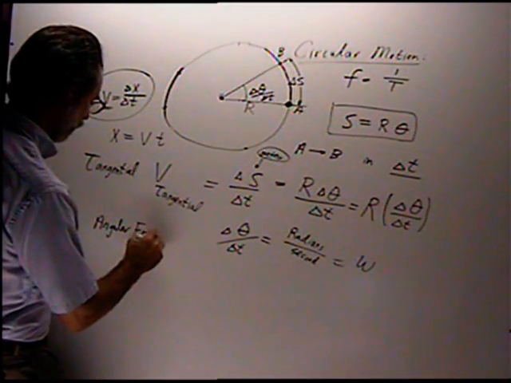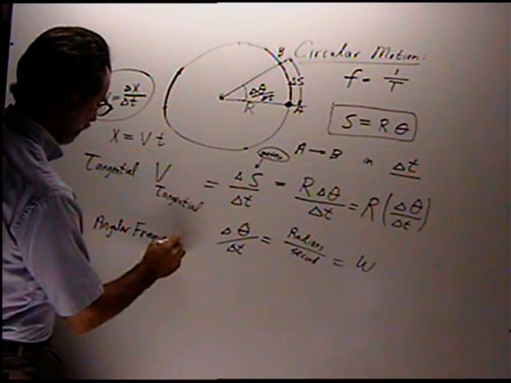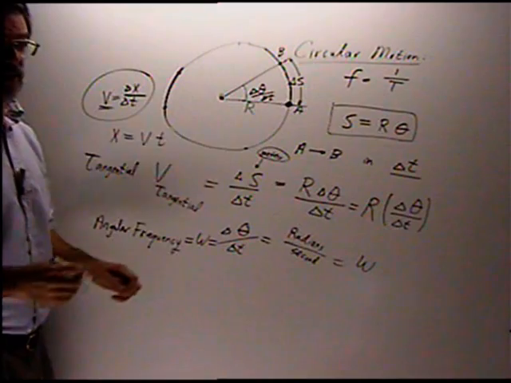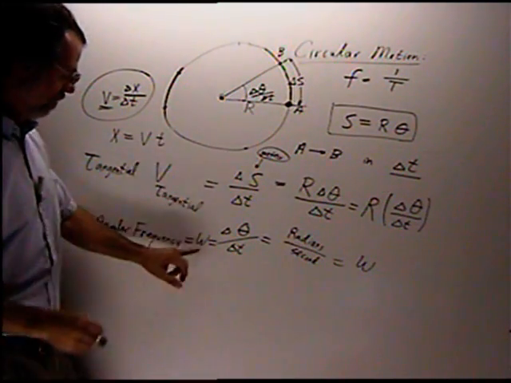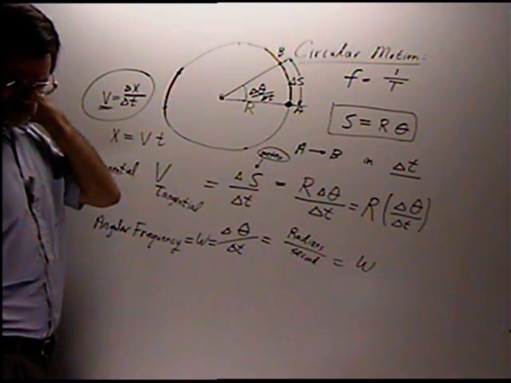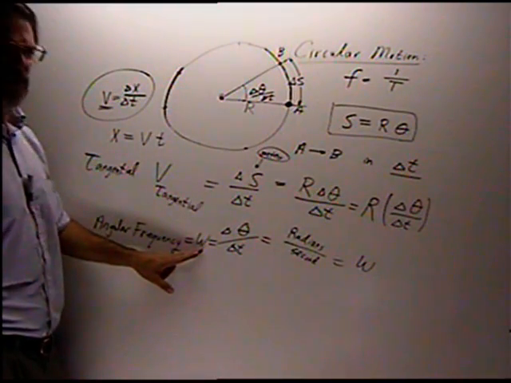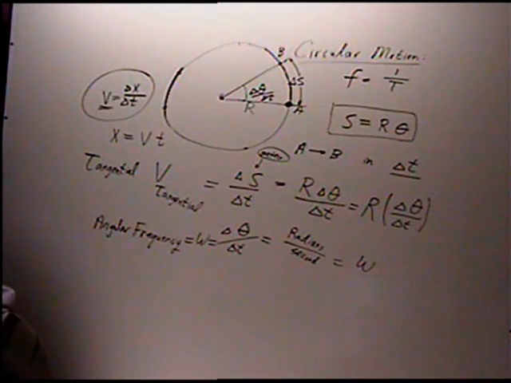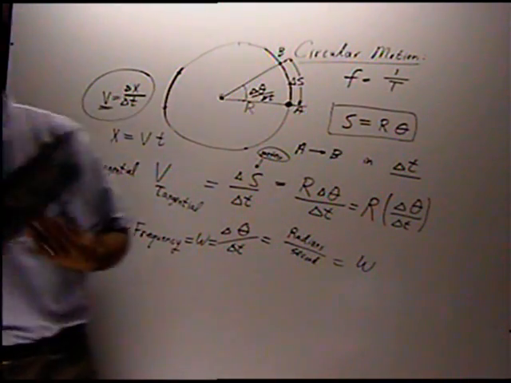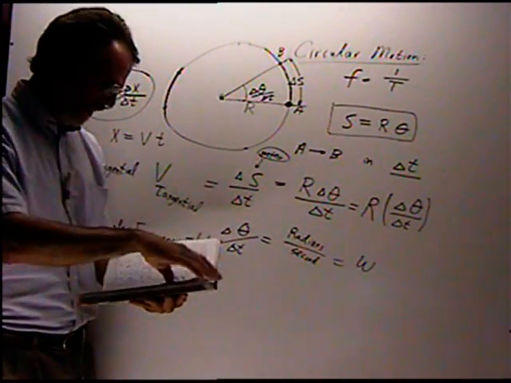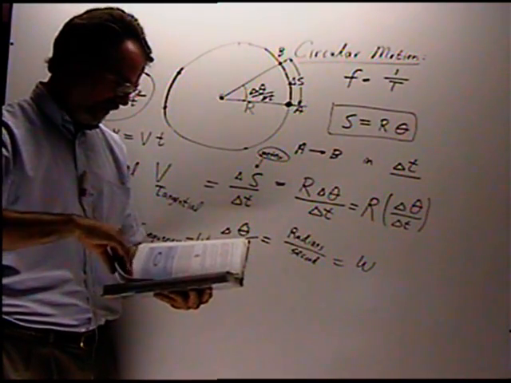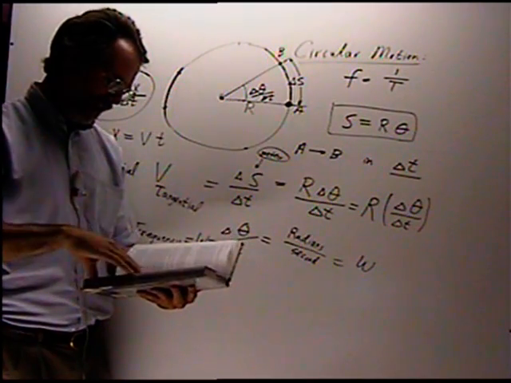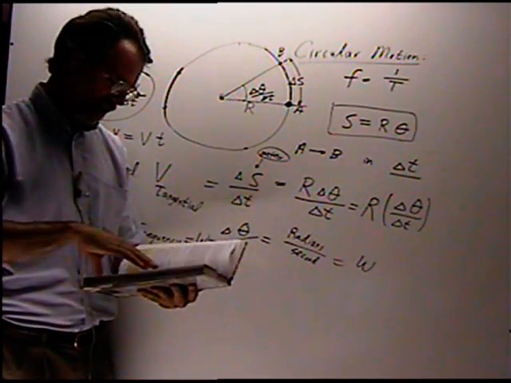Angular frequency is given the Greek symbol omega, or I write it as W. Omega. I'm shaky on my Greek, to be honest with you. I think that's right. I kind of forget where all this is talked about in the chapter.